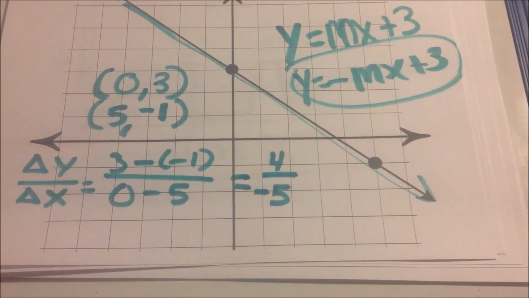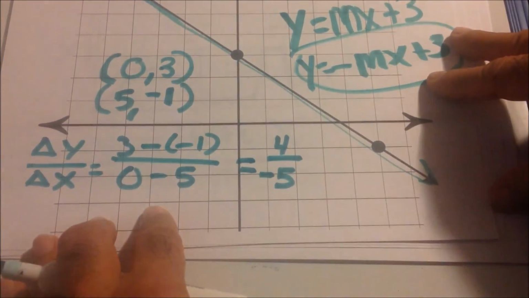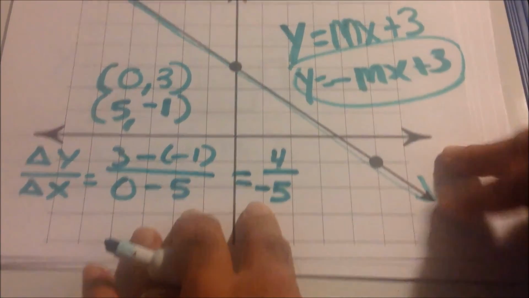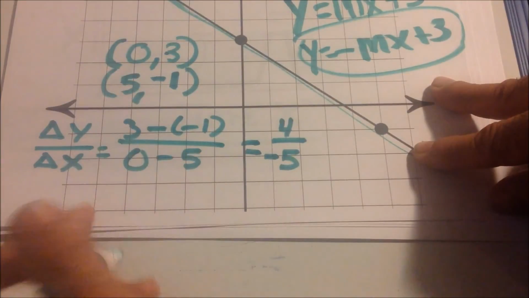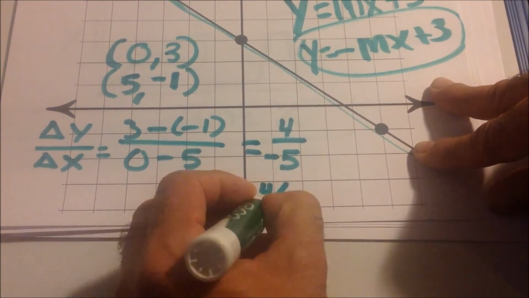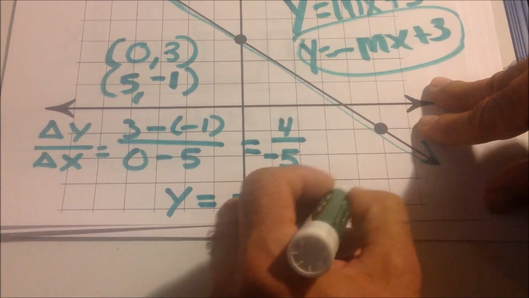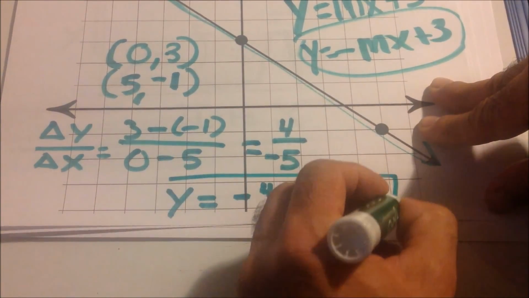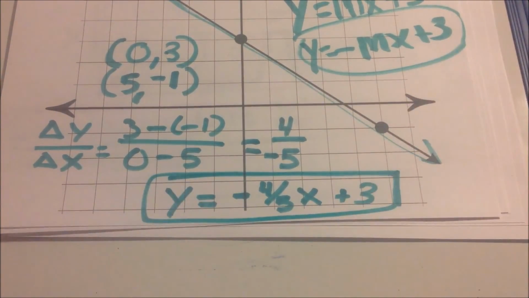So that's the slope. Review that if you didn't understand that. We have our slope and we have our y-intercept. There it is, right? So we can say now that the equation so far is y equals negative 4/5 x plus 3. There's the equation. Okay, great job.